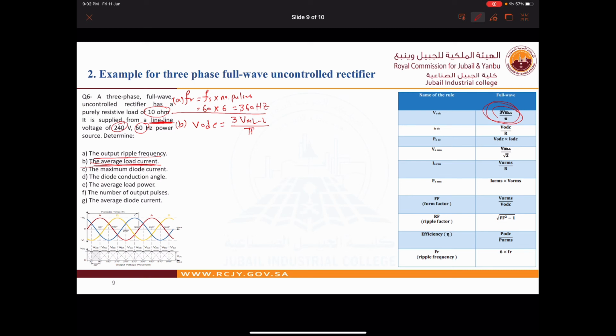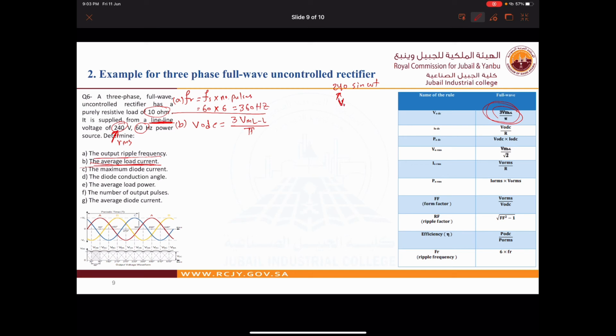Now, how much is V maximum? If I give you a number like this without a sine wave, it should be the RMS value. Now, if I give you a number like this, 240 sine omega t, then this number is V maximum.